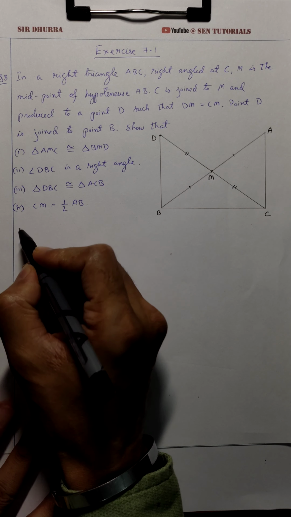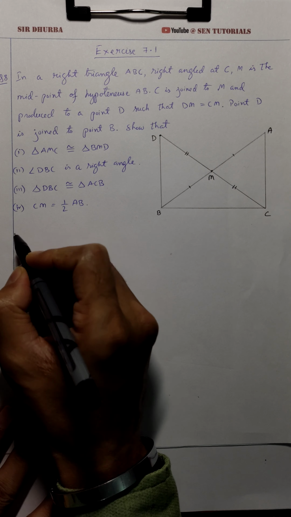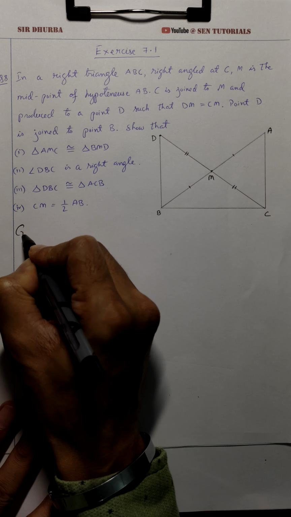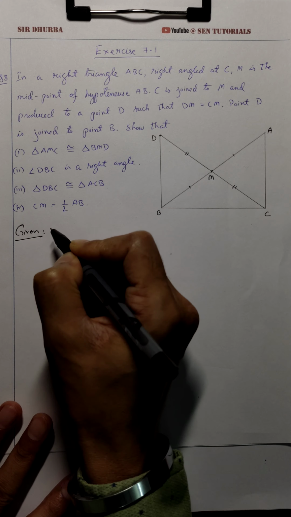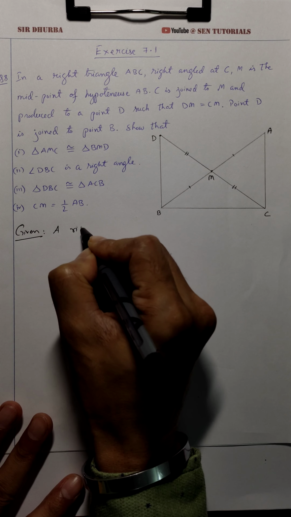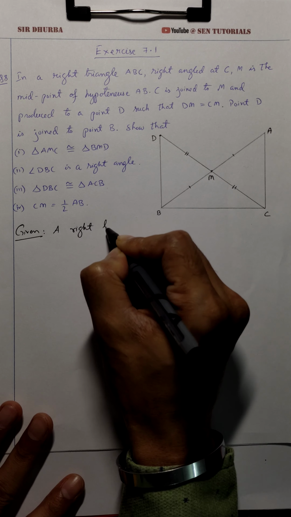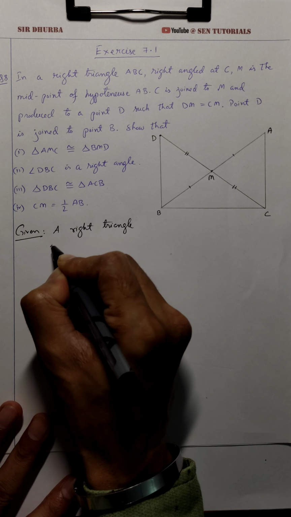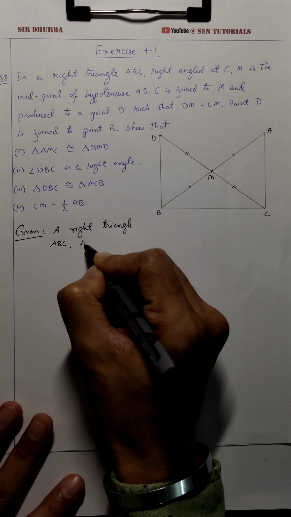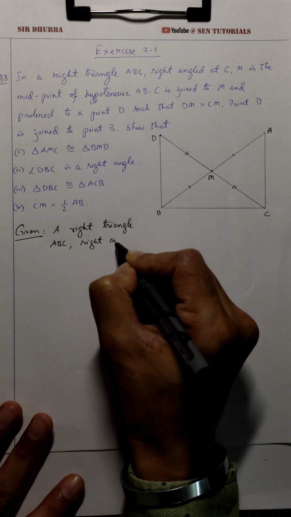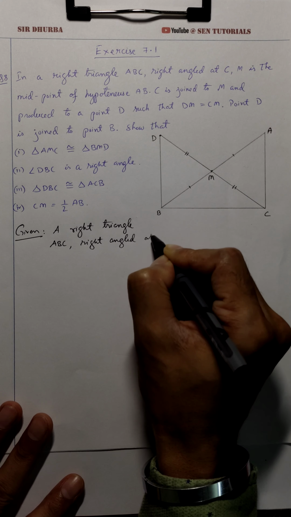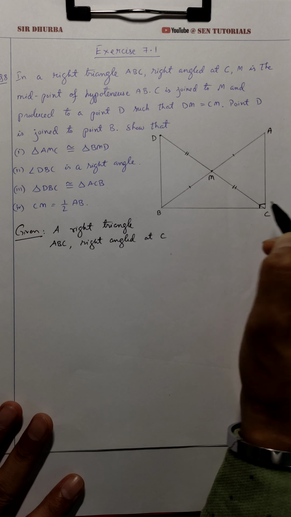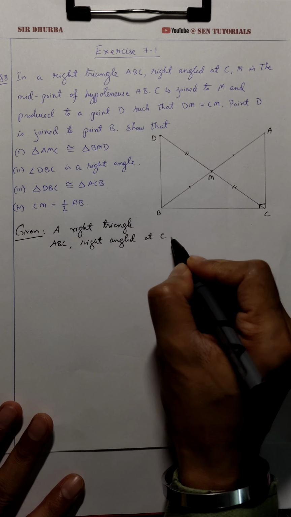So let us begin. Let me just write what is given. That is given: right triangle ABC, right angled at C. So this is our 90 degree angle, ACB.